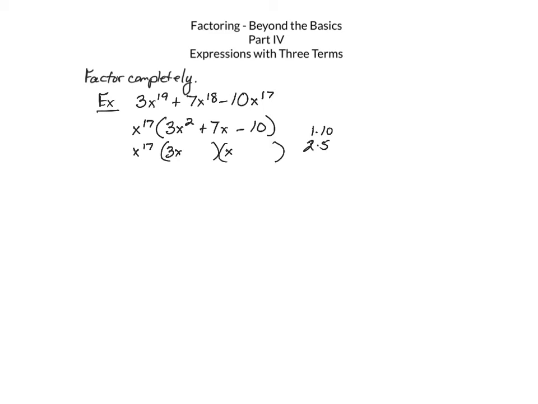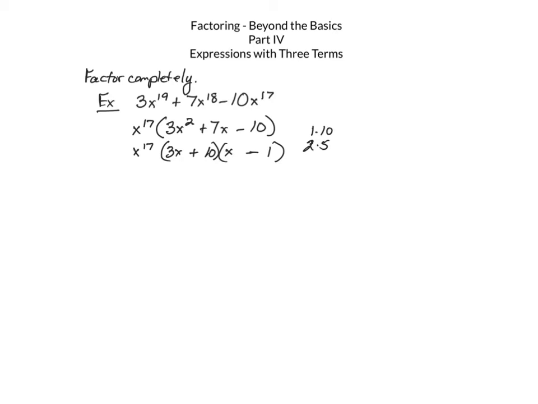But what does work is 1 and 10, with the 10 in the parentheses with the 3x and the 1 here, if I put a plus on the 10 and a minus on the 1. And again, I'm not rolling through all of the possibilities showing you that piece. I'm assuming that at this point you understand how to factor quadratic trinomials. So this one is done.